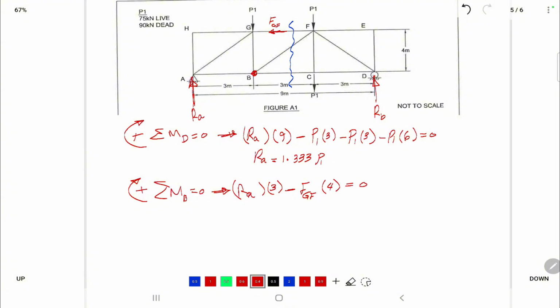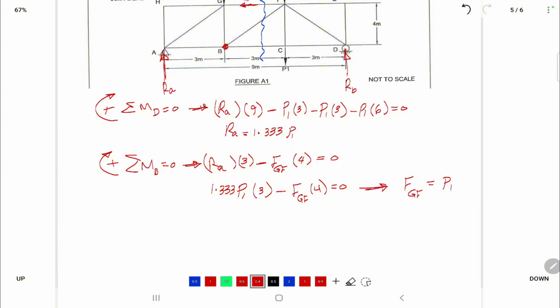With RA equal to 1.333 P1, from this one we can conclude FGF equals P1.